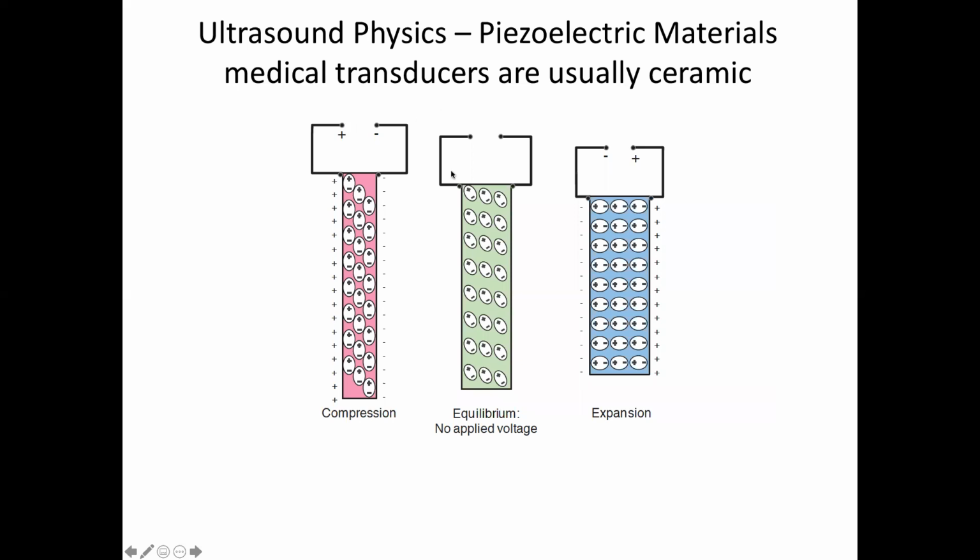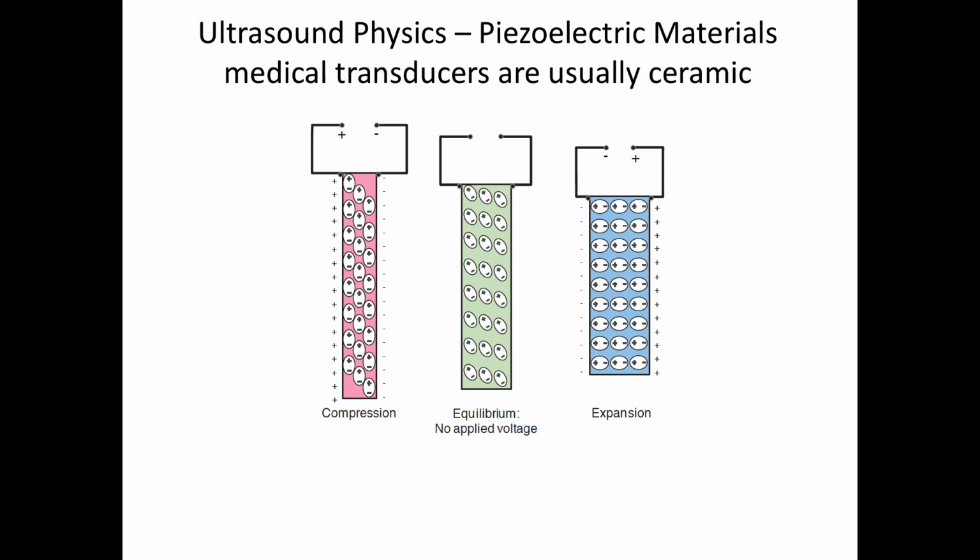So the way ultrasound is made at these very high frequencies is with piezoelectric crystals. The molecules in these crystals, which are a ceramic, usually have a natural alignment, and the elements that are aligned actually have a polarized charge.